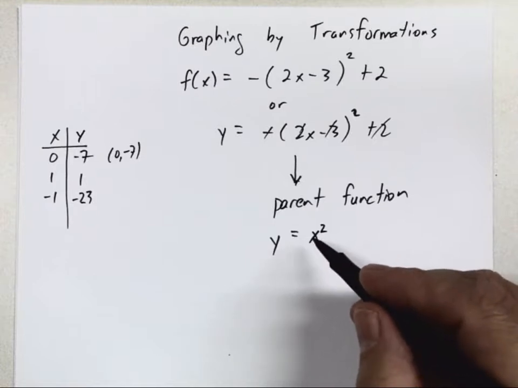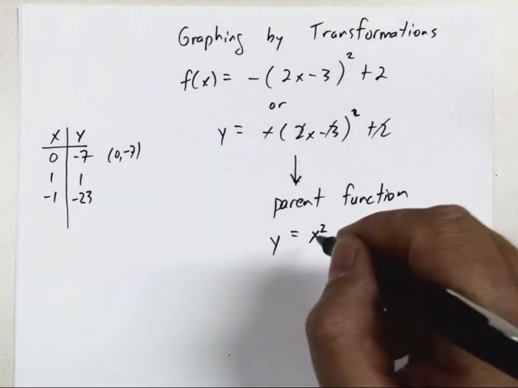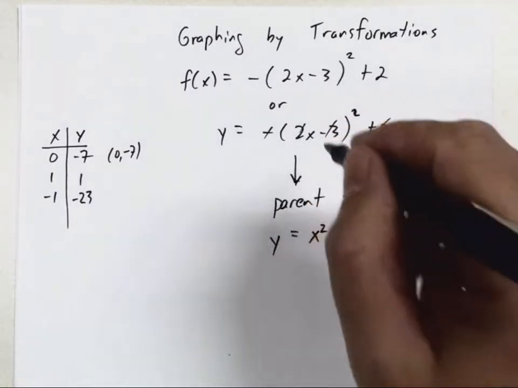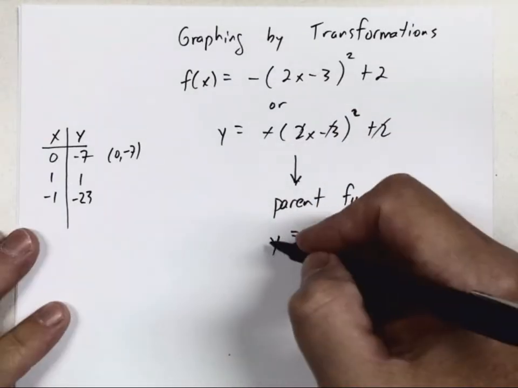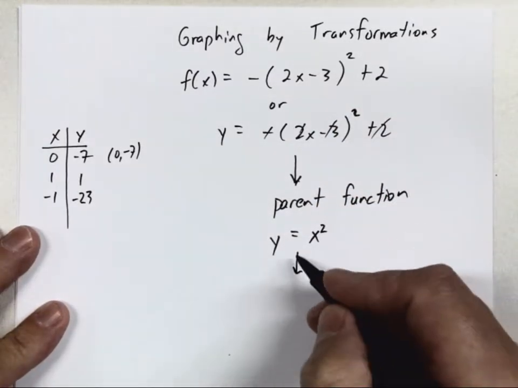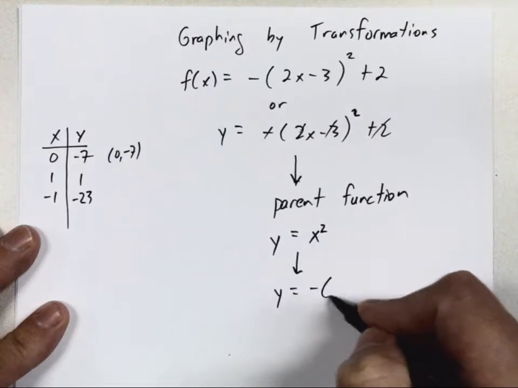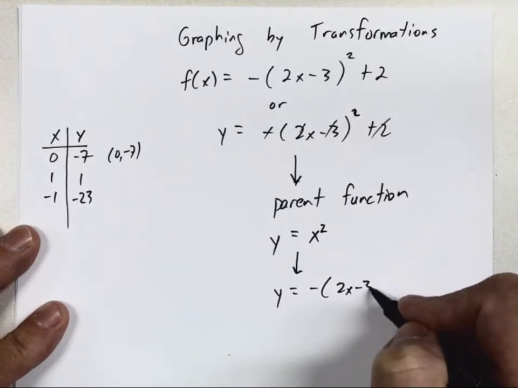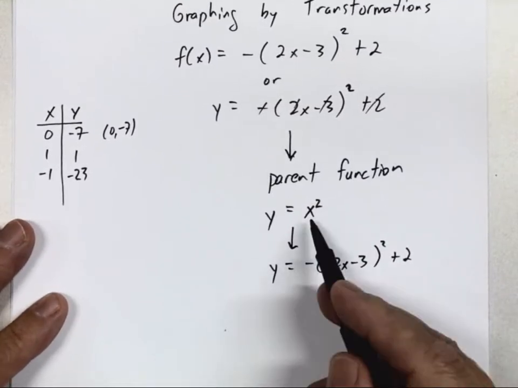And then, starting with the parent function, one piece at a time, we start adding, subtracting, whatever I have to do to end up transforming this back into my original function or equation.